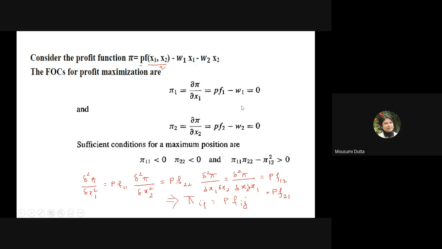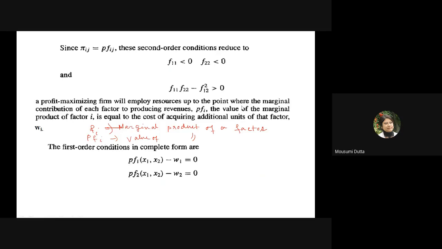So this line has been written here. The implication or the meaning of the first order condition of profit maximization. Please go through the sentence and check whether it is clear to all of you. If there is any confusion, please ask me.